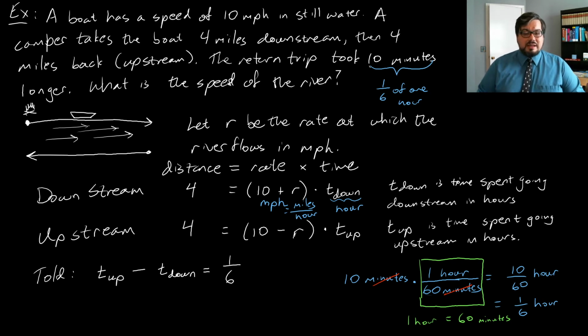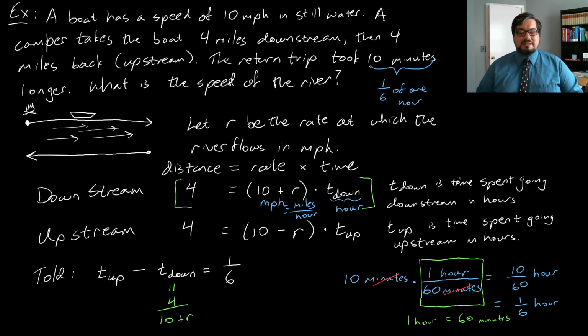Now, if I take this downstream equation right here and I solve for t down, I would divide both sides by 10 plus r. And so the time spent going downriver is 4 divided by 10 plus r. And I got that just by solving that equation for t down.